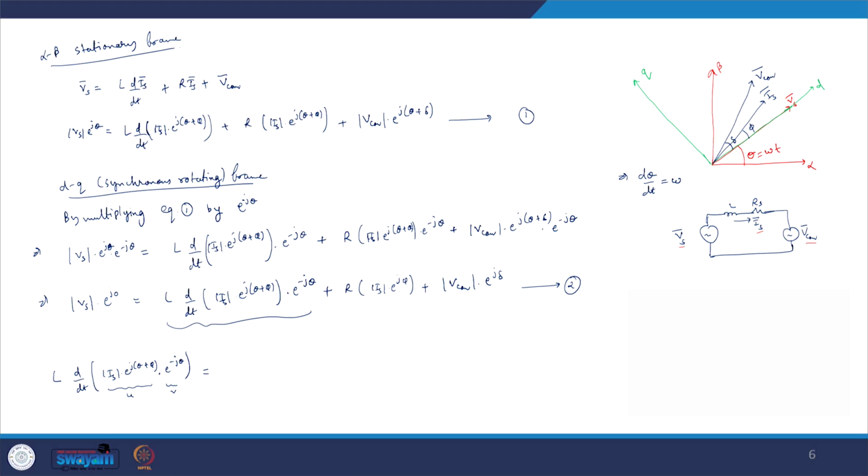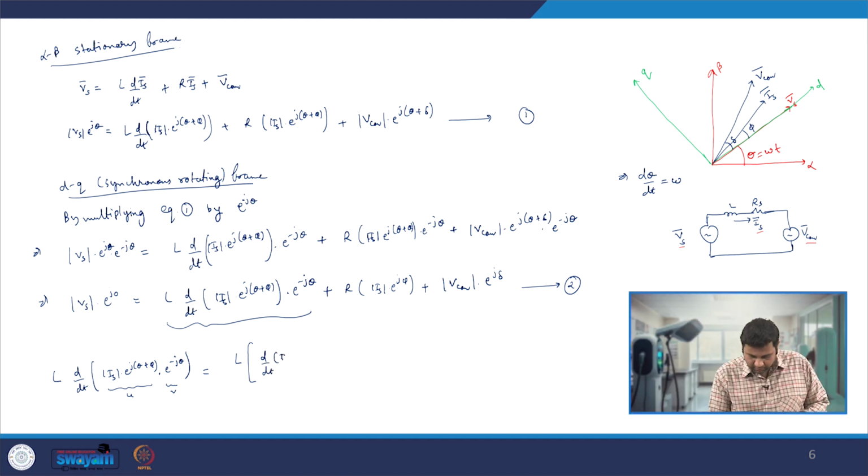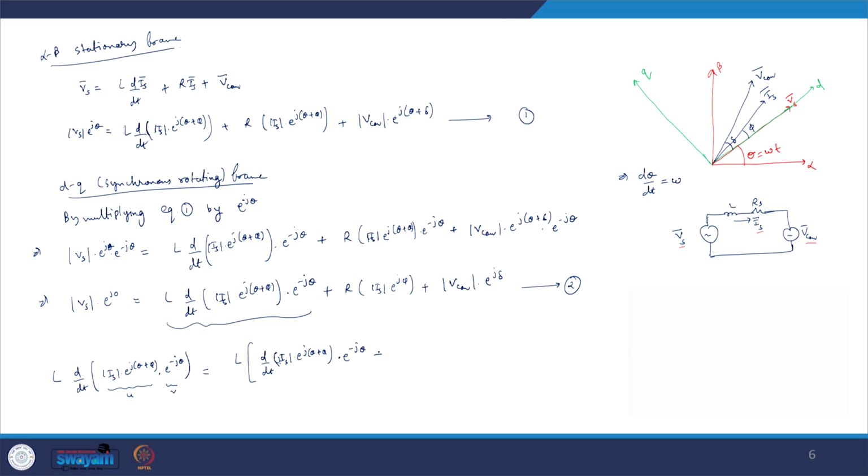So what we will get is L coming out. First we will write d by dt of e power j(theta plus phi) times e power minus j theta, plus e power j(theta plus phi) times d by dt of e power minus j theta.